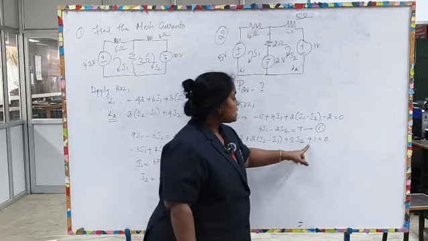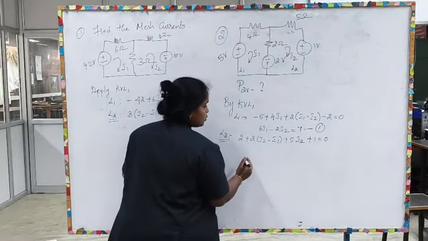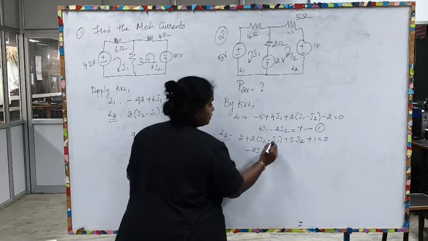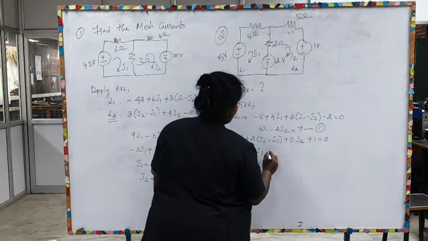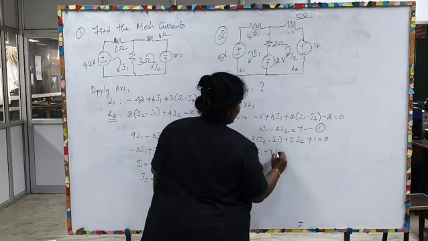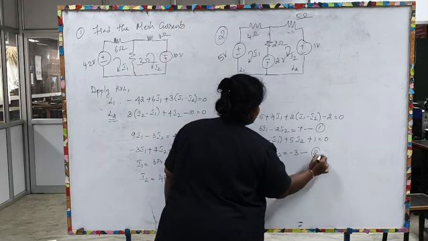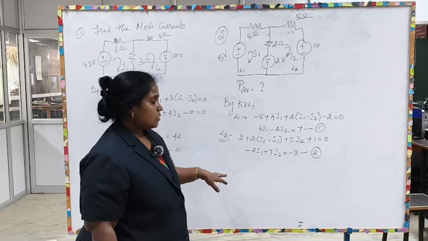So, it is plus 1 is equal to 0. Right. Now, again you simplify this equation, it is minus 2 I1 and 2 plus 5, 7 I2 equal to minus 3. Let this one be your second equation. Right. This is how we are getting the 2 equations.